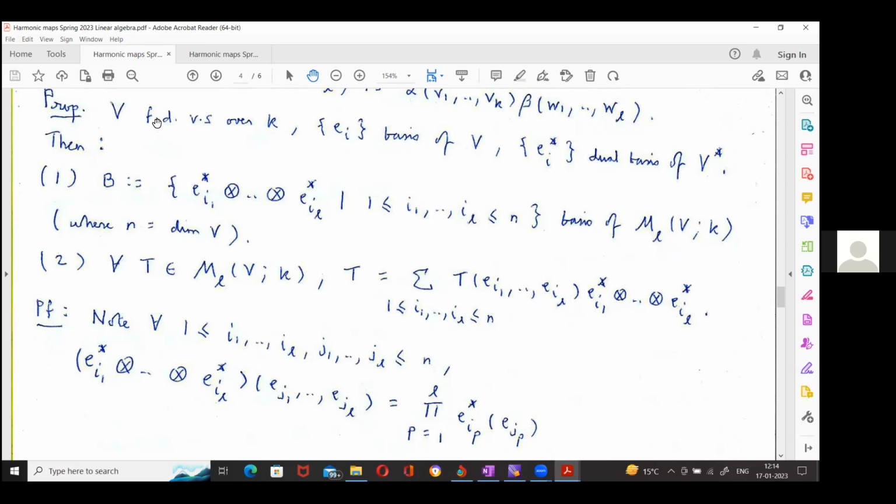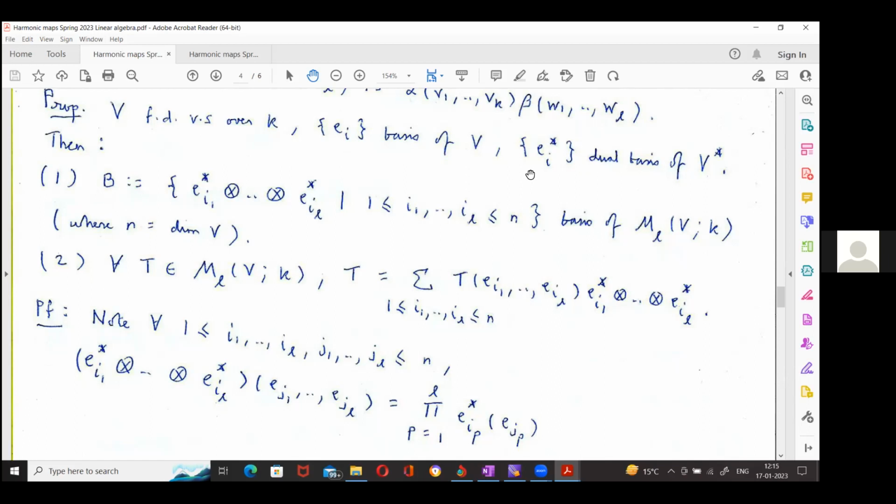Suppose V now is a finite dimensional vector space over a field K. Suppose e_i is a basis of V, and suppose e_i star is the dual basis of V star. Then I take the set B, the set of all tensor products of the e_i stars.